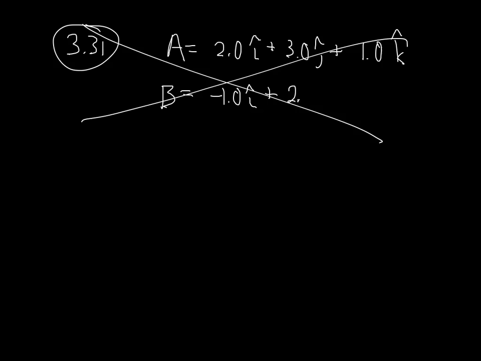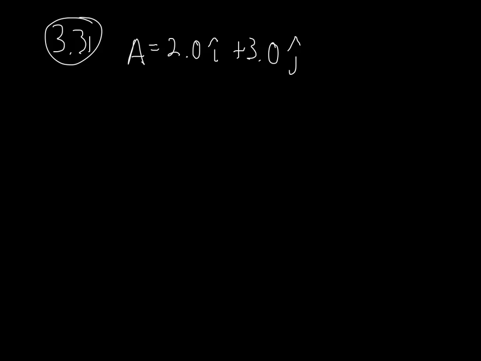Skip this slide, ignore what I just said, and fast forward a little bit. I'm recording, so getting that on there if you're reviewing later. Now we'll actually do problem 3.31. 3 vectors. A is 2.0 i hat plus 3.0 j hat. B is 1.0 i hat plus 5.0 j hat.